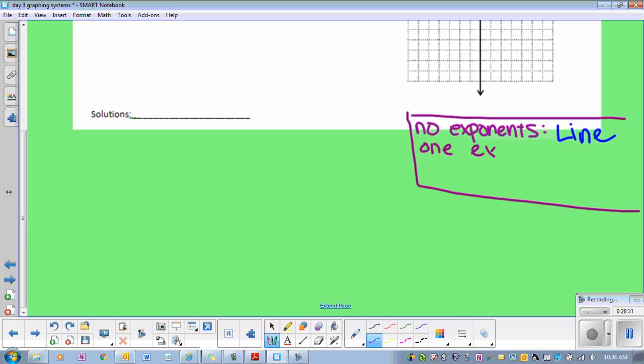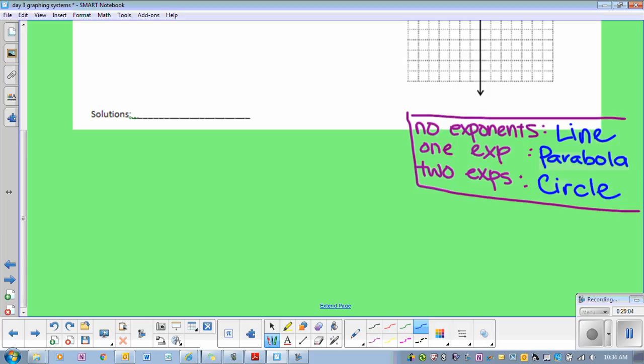And one exponent, are you okay if I just put exp for exponent? Means that you have a parabola, the U shape. Okay? And then if you have two exponents, then that means you have a circle.